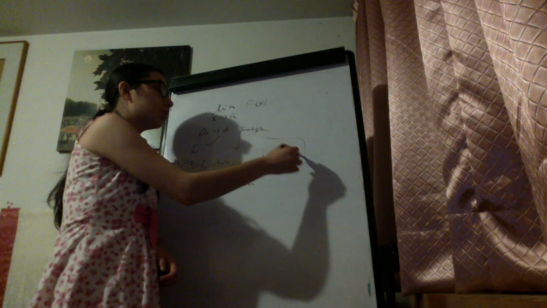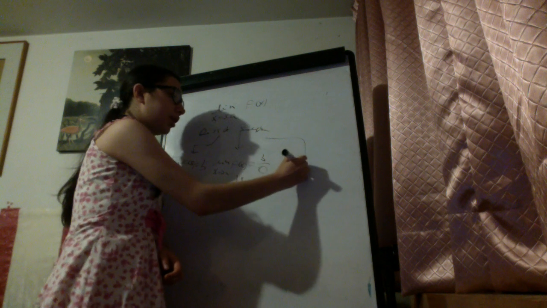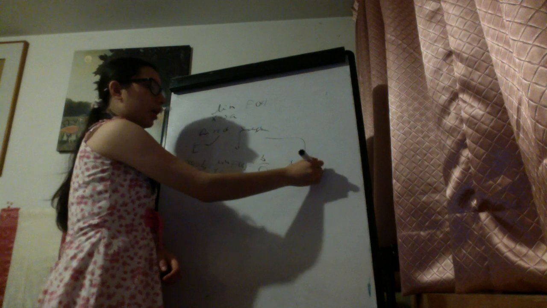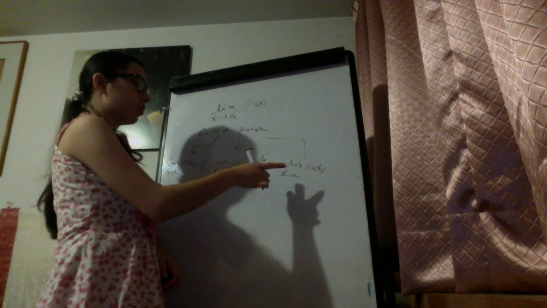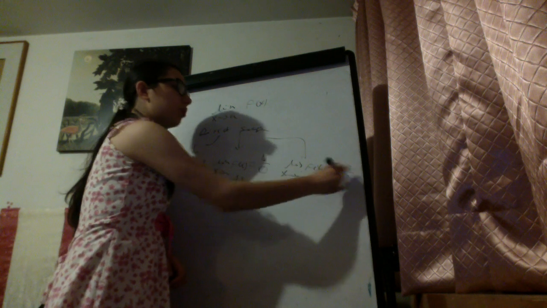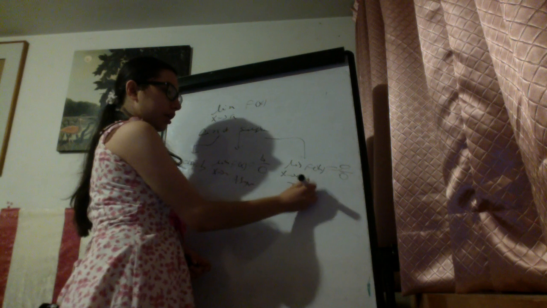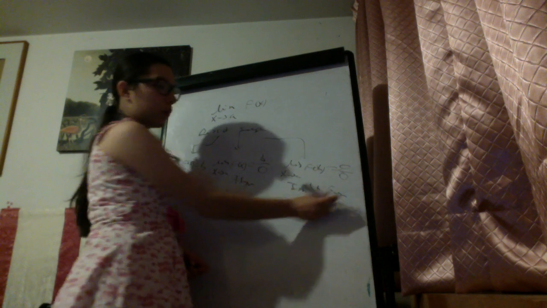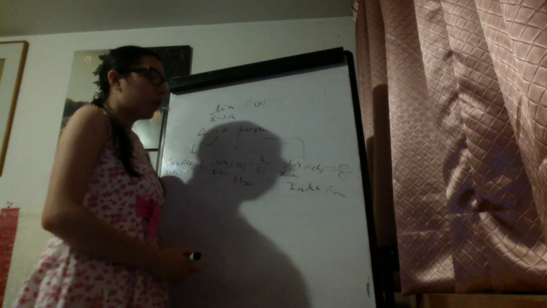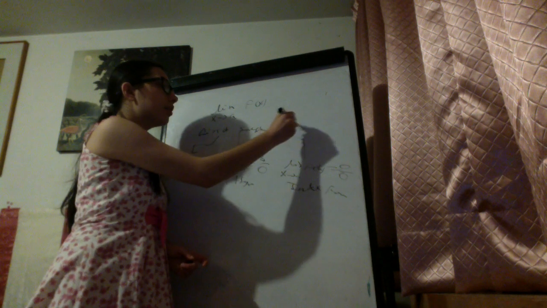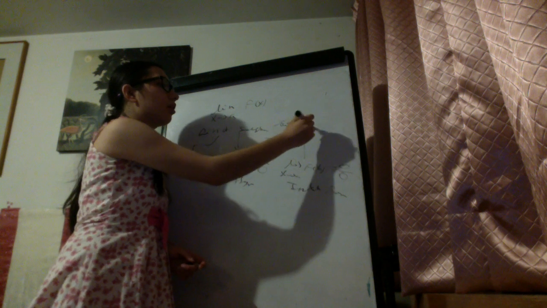The other option is the limit as x approaches a of f of x where, after doing the substitution, we get 0 divided by 0. This is an indeterminate form because we don't know what 0 over 0 is. Indeterminate form is not to be confused with undefined.